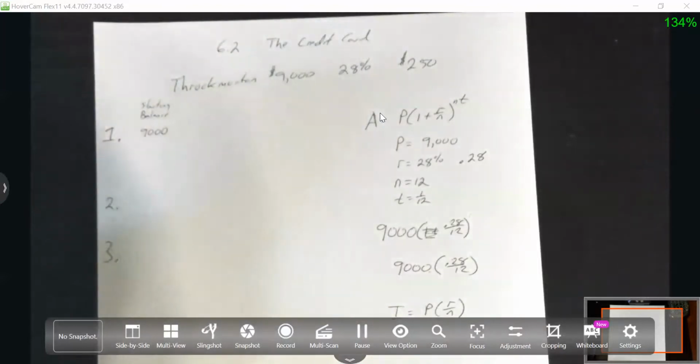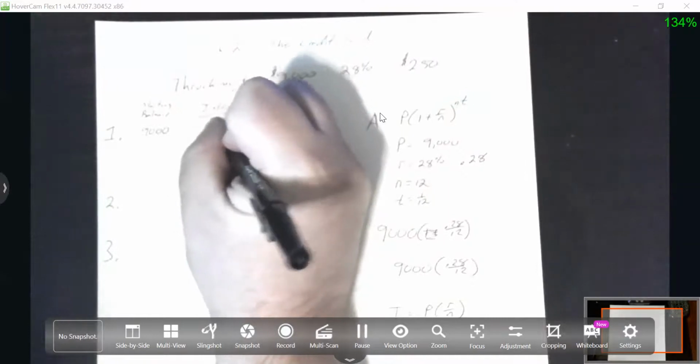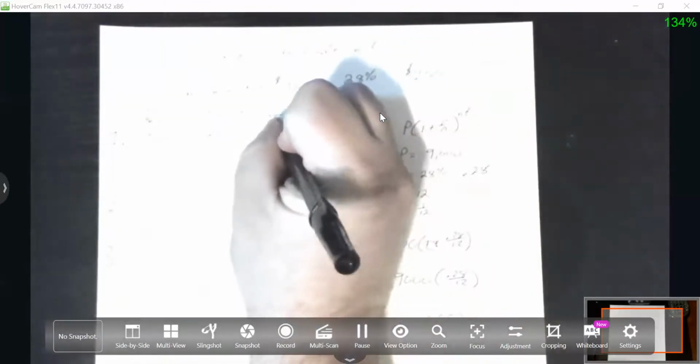So let's dump that into the calculator. So we have 9,000 times 0.28 divided by 12, and they're going to charge him $210 interest. Now Throckmorton makes a payment of $250.